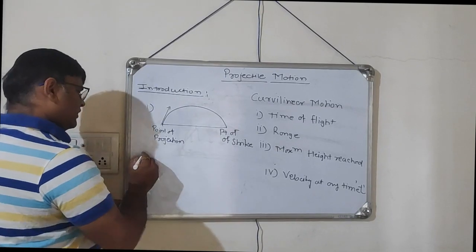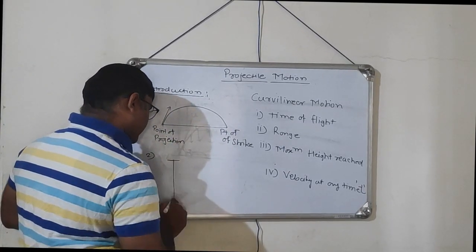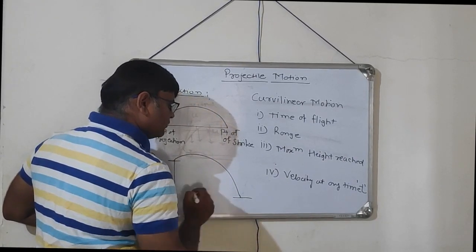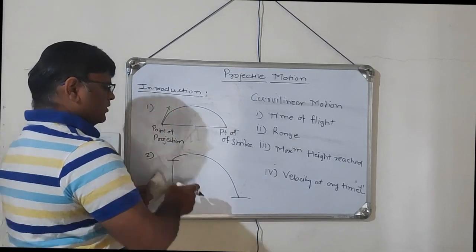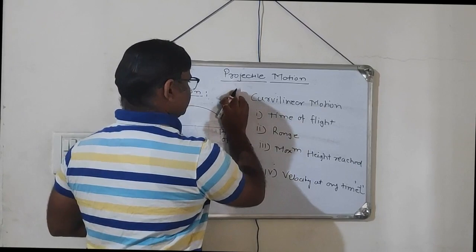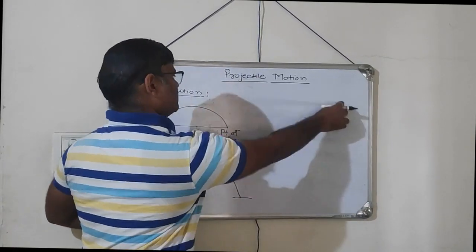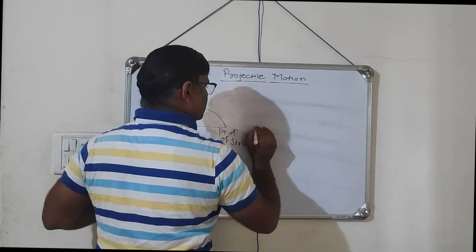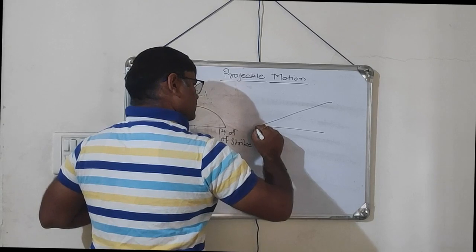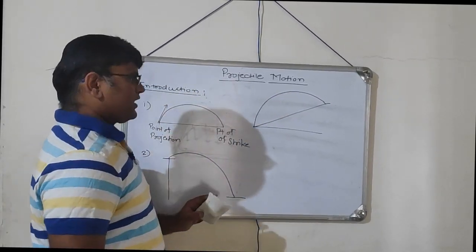So it is at the same level. The second is, we are projecting the particle at some height h, and it is going to strike on the ground level, or it can be at the other level. This is the second case. The third case, the projectile motion is happening on the inclined path.